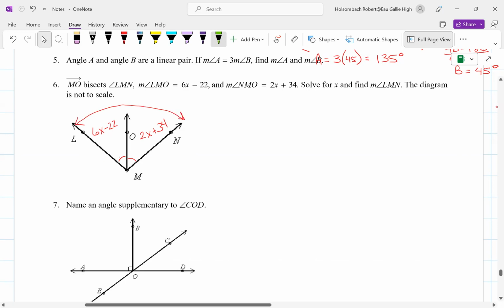So if these two angles are congruent, then 6x minus 22 is equal to 2x plus 34. So we can subtract 2x from each side. 4x minus 22 is equal to 34.